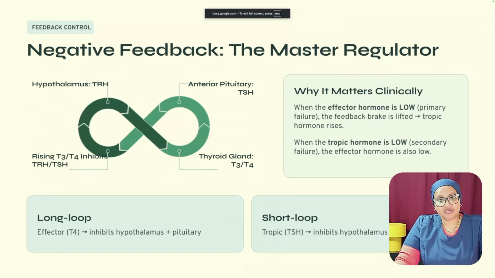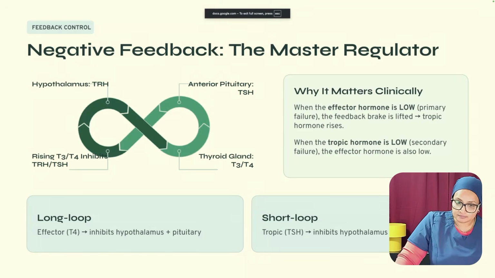This thyrotropin releasing hormone reaches the anterior pituitary and stimulates the thyrotrope cells to release TSH, thyroid stimulating hormone, into the systemic circulation, into the blood. Okay? Then the TSH is carried through the blood to the thyroid gland and stimulates synthesis and release of T4 and T3 into the bloodstream.